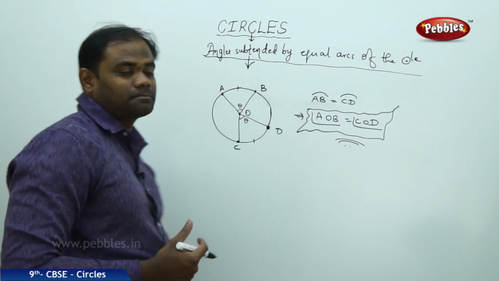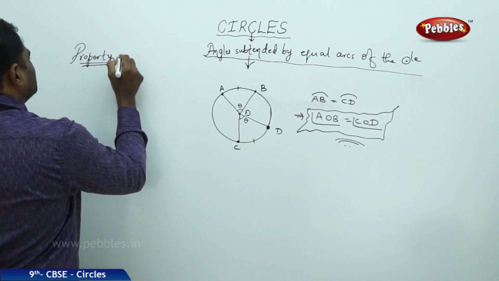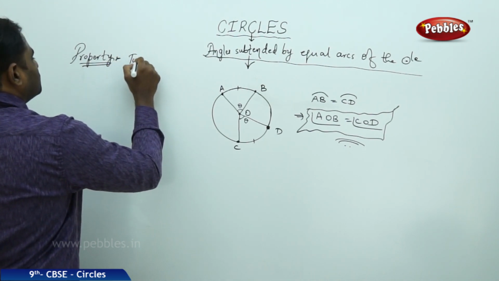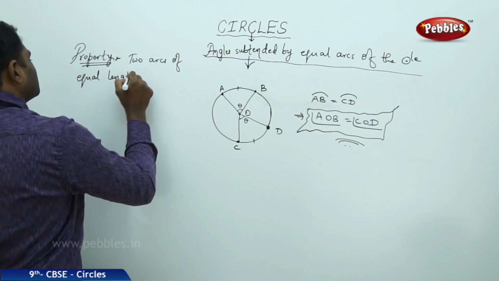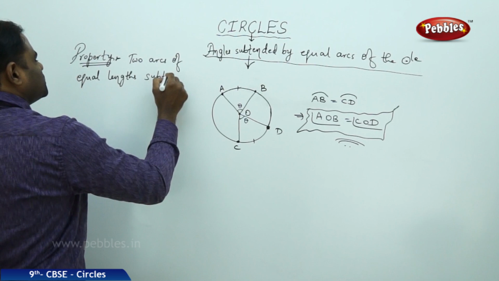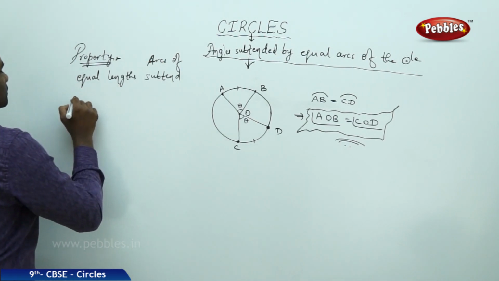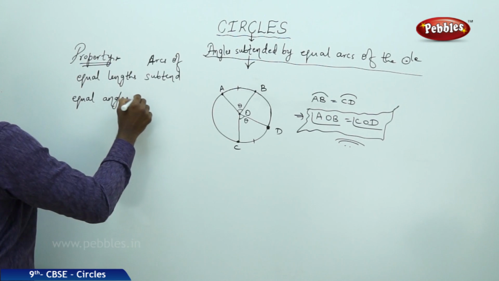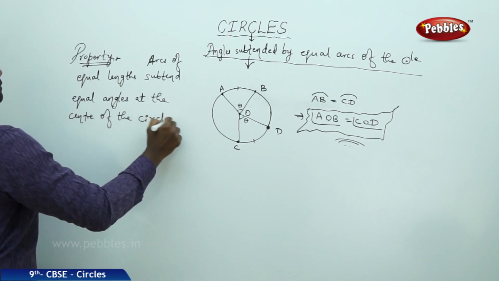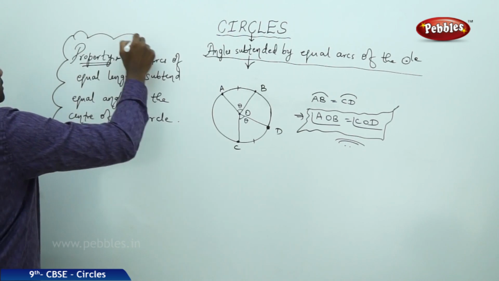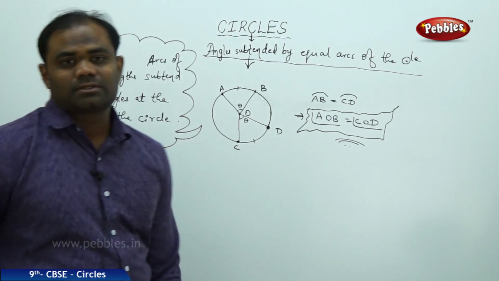Let's write the statement in words. The property says that arcs of equal length subtend equal angles at the center of the circle, is how I understand the property connecting the arcs and the circle.